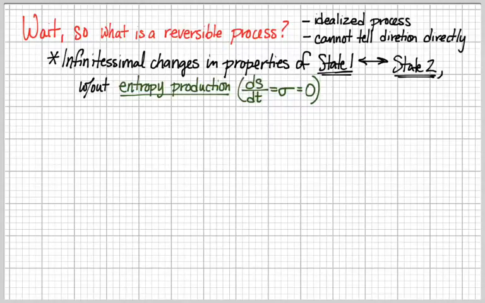If I have infinitesimally small changes and I have this idealized process going from state 1 to state 2, what I also have as a consequence of that is a change in entropy with respect to time, dS/dt, that is equal to a symbol, the Greek symbol sigma, called entropy production. And the rate of entropy change with respect to time, entropy production, is equal to 0 when I have a reversible process. So entropy production becomes 0 for idealized processes.